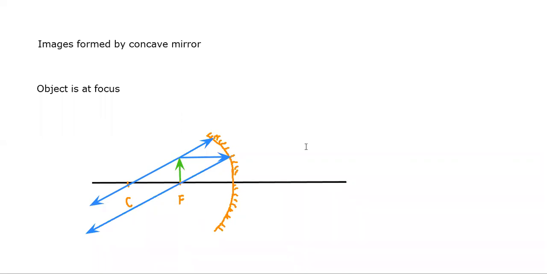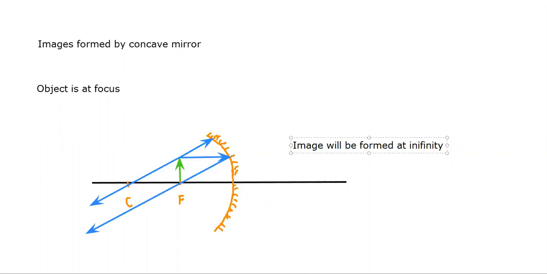In this case, the image will be formed at infinity. So when the object is at infinity, the image is formed at focus. And when the object is at focus, the image is formed at infinity.